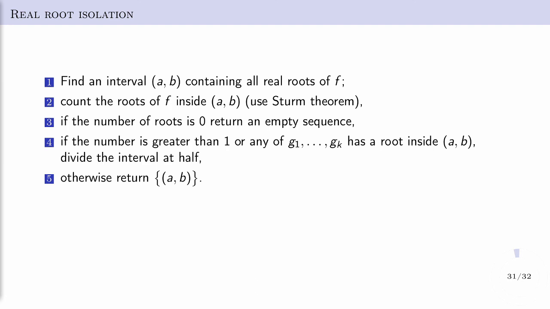So we just take a to be minus m, b to be m, where m is the upper bound for the absolute value of the roots of f. Or if we know that f will have only real roots, we can take a, b to be minus m, plus m from the Laguerre-Samuelson theorem. But in general, a, b will be just the plus and minus upper bound for the absolute values of the roots of f.